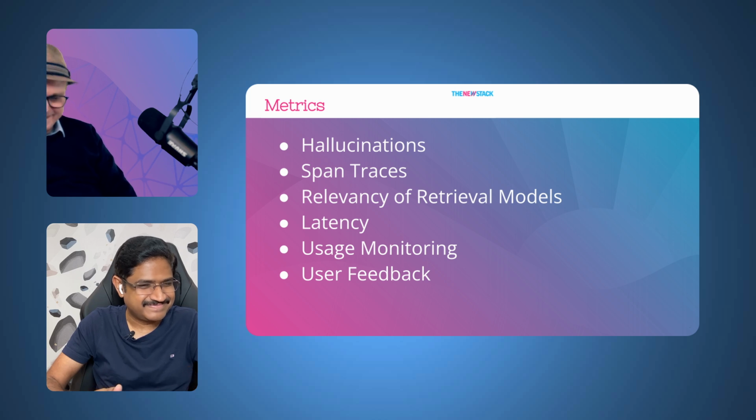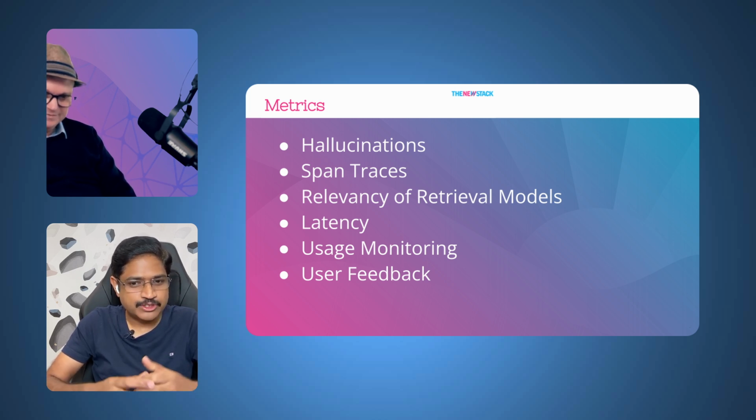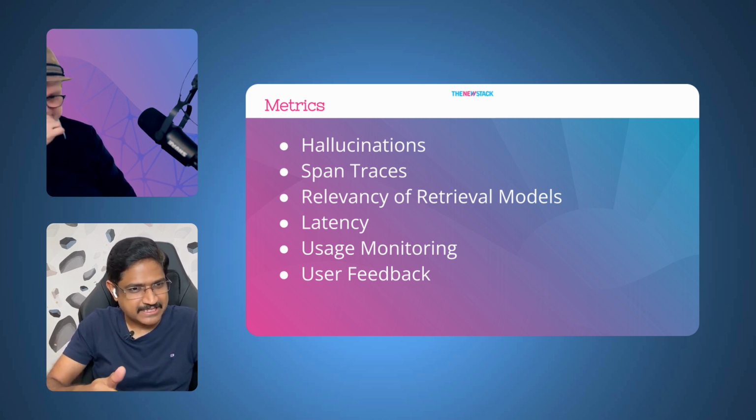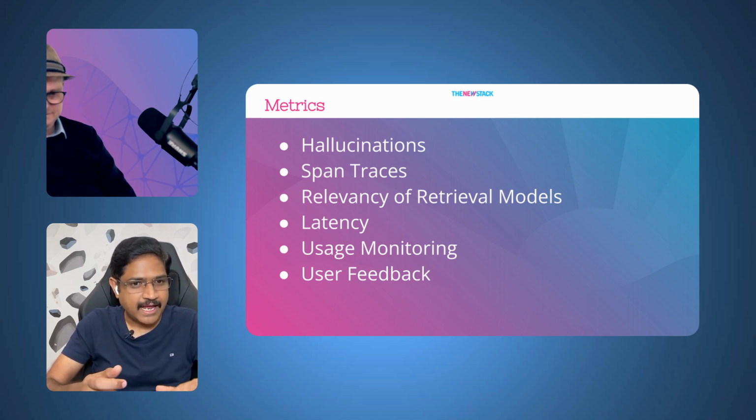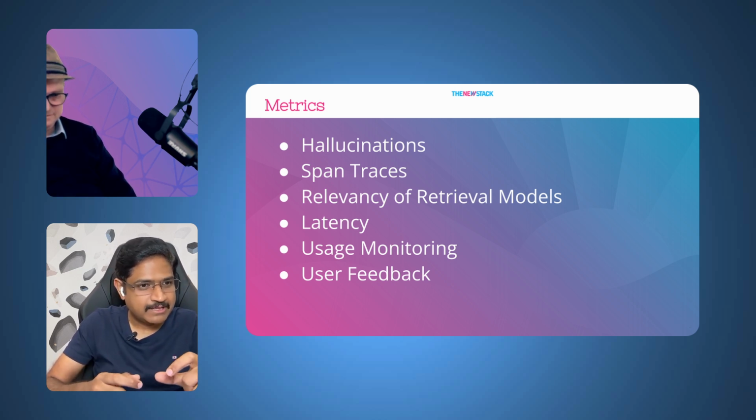User feedback. Yeah, user feedback, again, going back to ChatGPT or your favorite copilot, for every response there is a thumbs up and thumbs down, right? So capturing that and correlating it with the prompt and response will tell you how often the model is performing accurately and how often it is drifting away from what is expected.